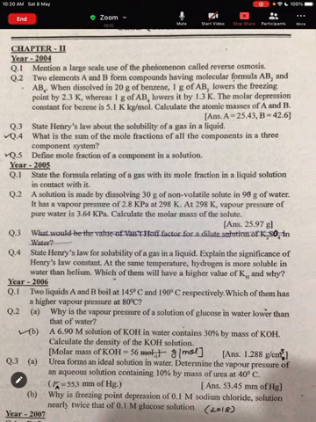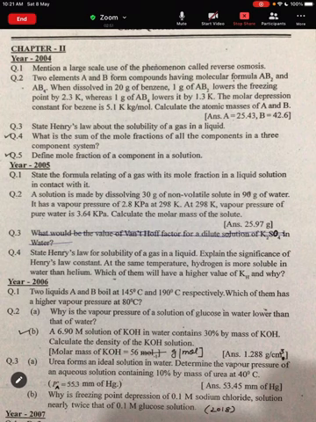Next, two elements A and B form compounds having molecular formula AB2. The first compound is AB2 and the second is AB4. When dissolved in 20 gram of benzene, 1 gram of AB2 lowers the freezing point by 2.3 Kelvin, whereas 1 gram of AB4 lowers it by 1.3 Kelvin.